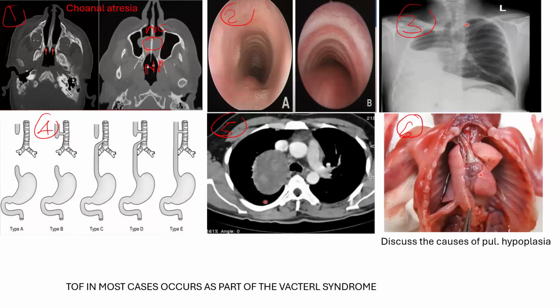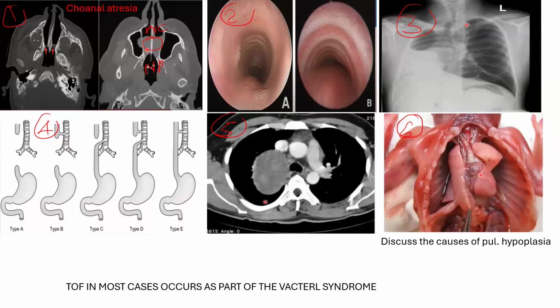What you might not know is that this might not be compatible with life, especially for newborns. Newborns are obligate nose breathers. A newborn does not know how to breathe using the mouth. They just know how to breathe using a nose. So if they have a choanoatresia, they might die, because even if the mouth is okay, they don't know how to use the mouth for breathing.